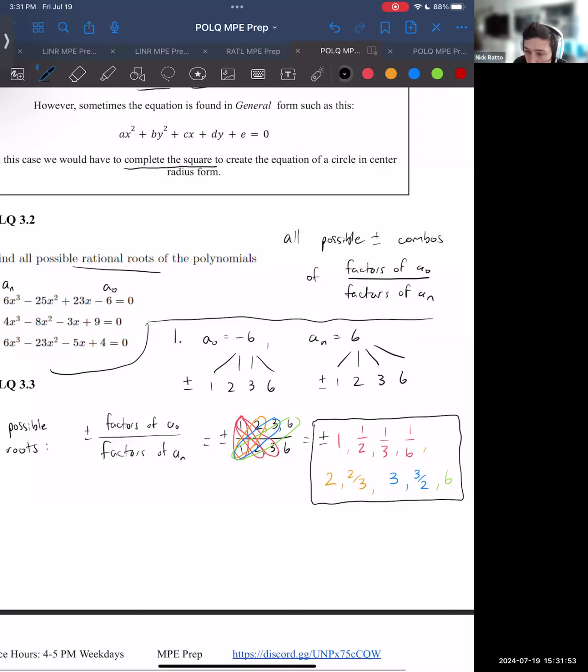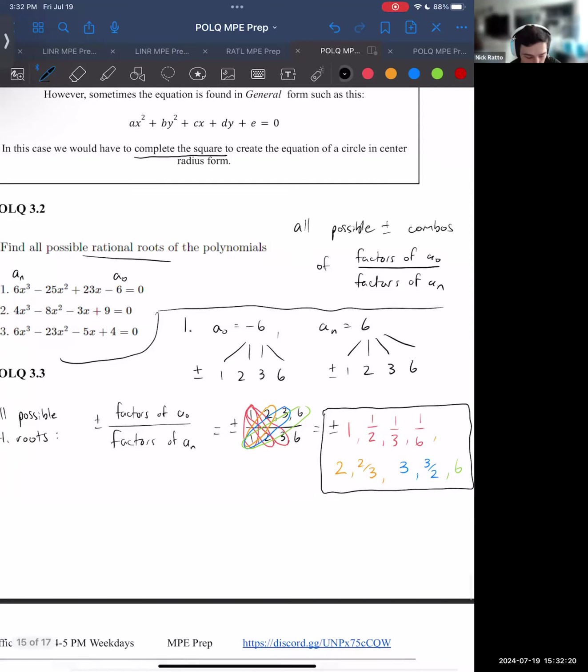Now, according to the theorem, from here you would say, okay, now let me try each one of these and see which one divides evenly into this polynomial. Now, that sounds like a lot of work, and that is not ideal, but in theory, that's what this theorem allows us to do, right? These are the only ones we'll ever have to test, assuming all our roots are rational. Okay, cool. Hopefully that made sense to you guys.